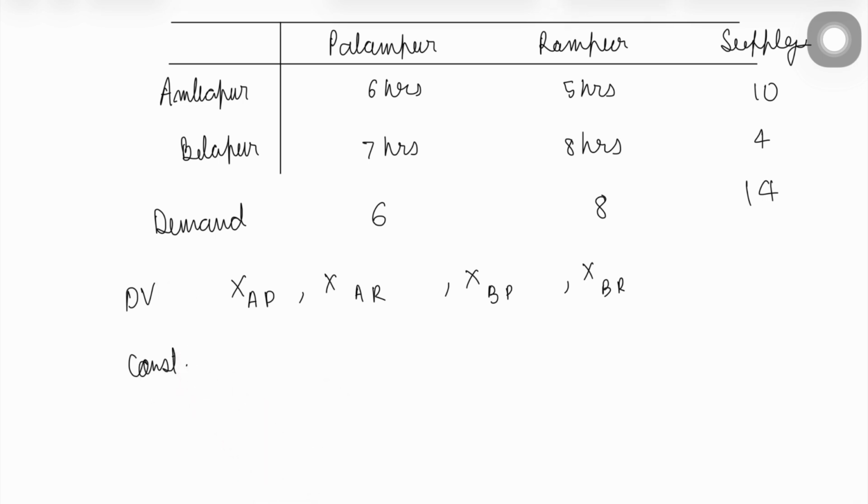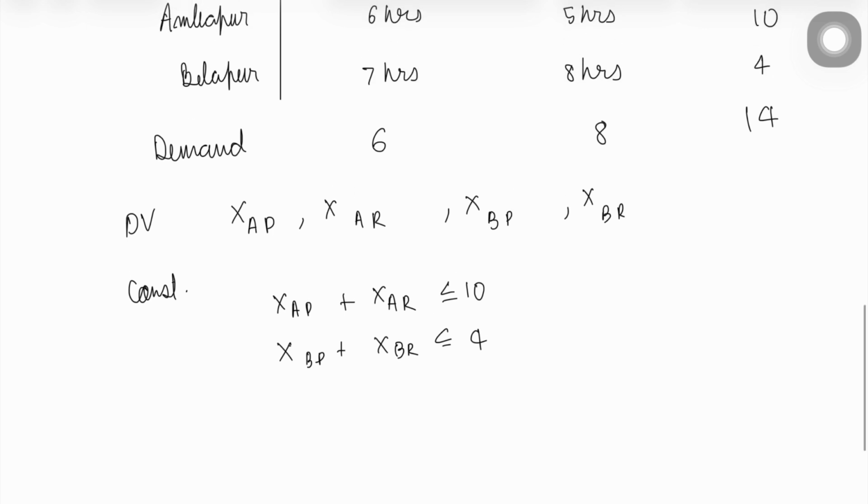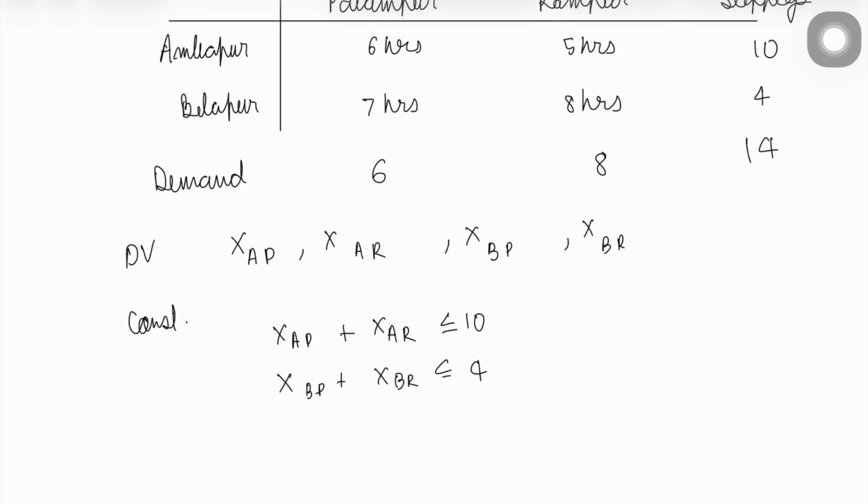We know that Ambapur can supply only 10 truckloads. So XAP plus XAR should be less than equal to 10. Similarly, XBP plus XBR should be less than equal to 4. These are the supply constraints.